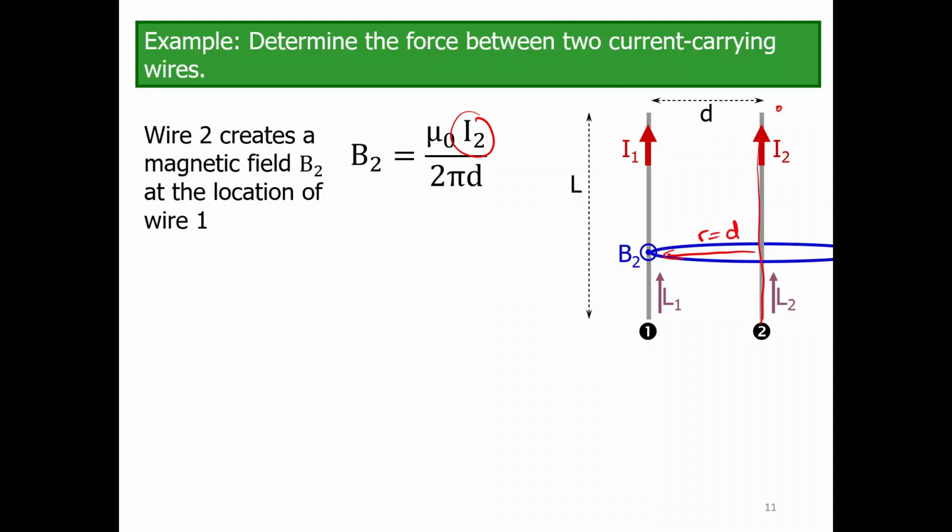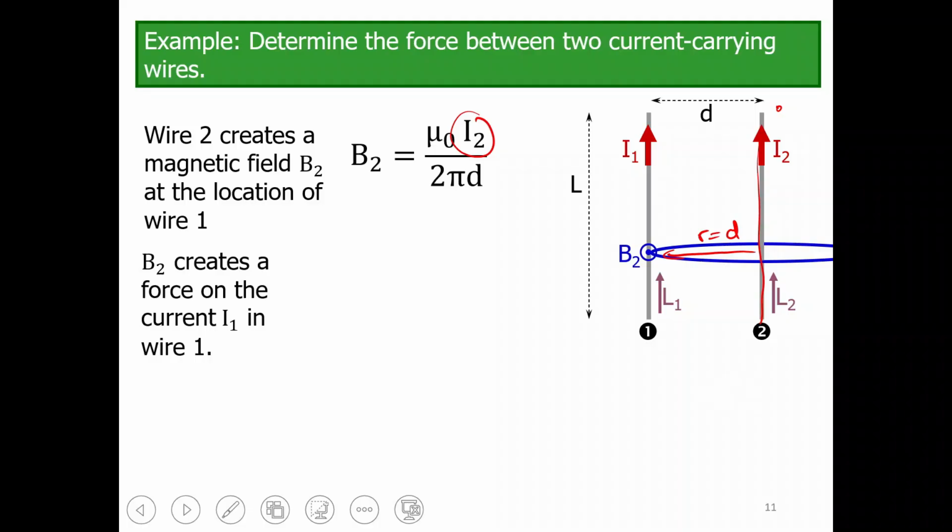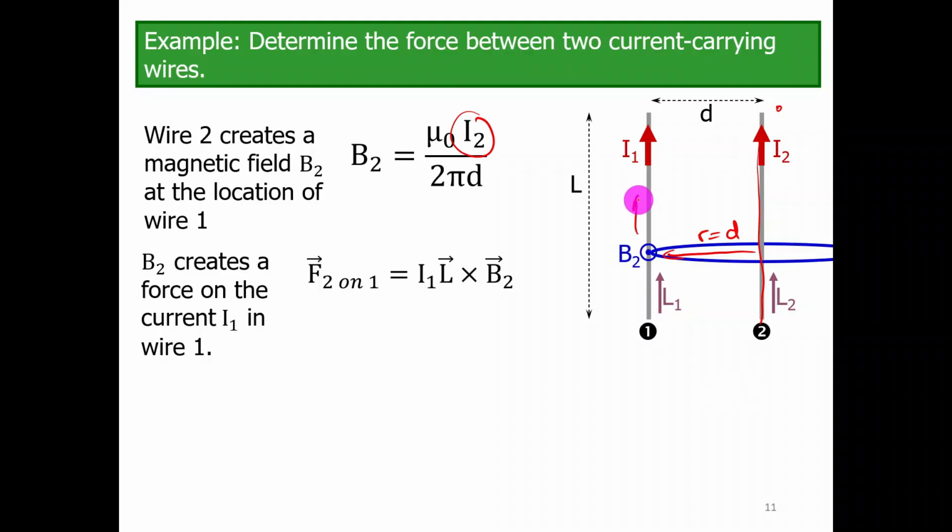So if I wanted to find the force, this is the force of a magnetic field acting on a long straight wire. Well, we know that our force is going to be based on IL cross B. And of course, these are perpendicular, because going towards the top of the page for I1 and out of the page for B2 is perpendicular.